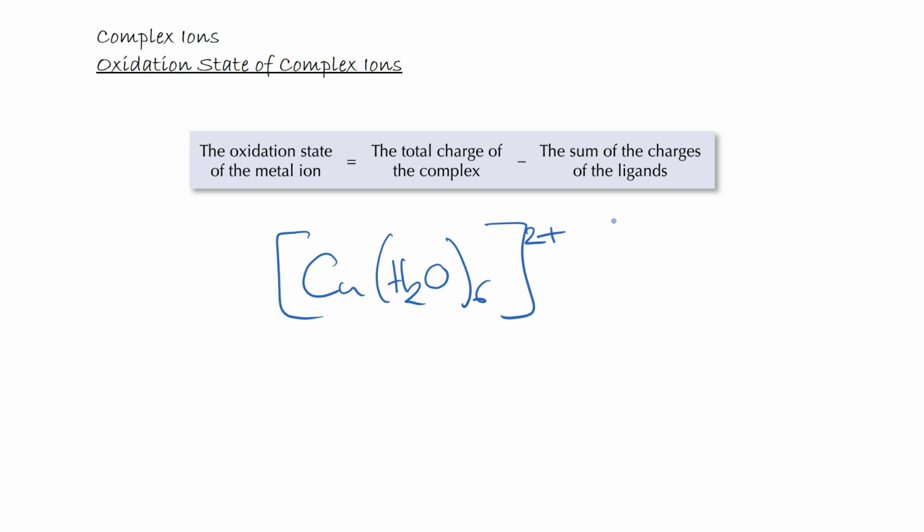So in this example, the total charge of the complex is 2+, and the sum of the ligands, well, water is 0, so minus 0. So the oxidation state here of the metal is +2. Notice that for oxidation states, we put the positive in front. We'll now move across and see what happens if we have [Cu(H2O)4(OH)2].